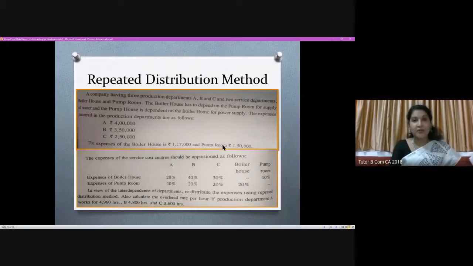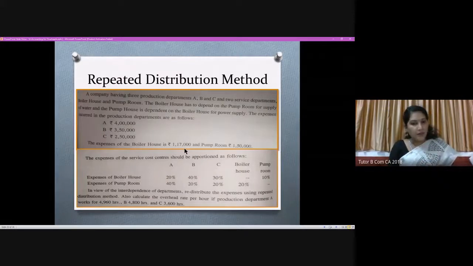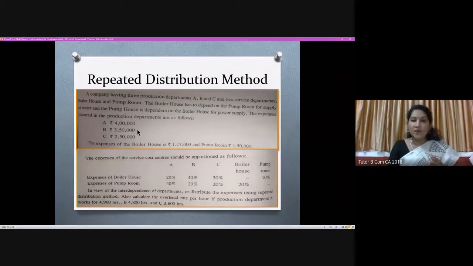If I reapportion my service department expense, say the boiler house at 1,17,000, I would be reapportioning that to department A, department B, department C, as well as to the service department pump room. That is the primary difference we will find in this method.